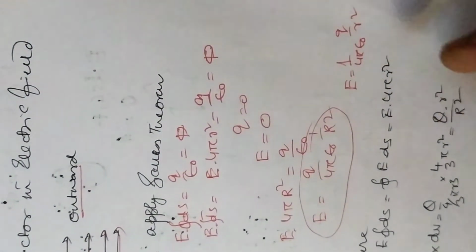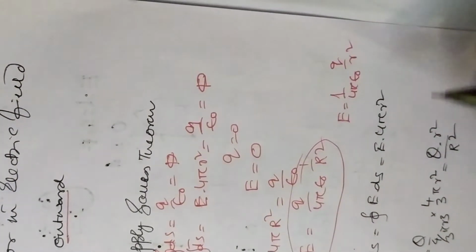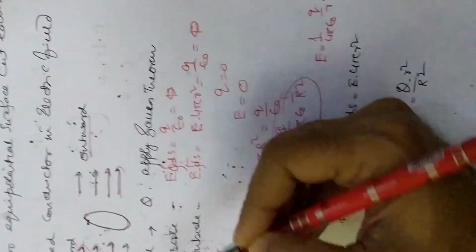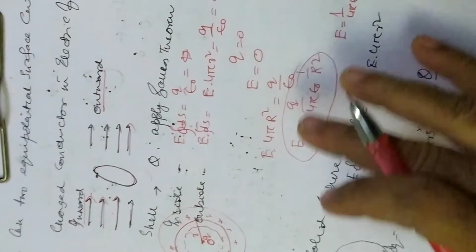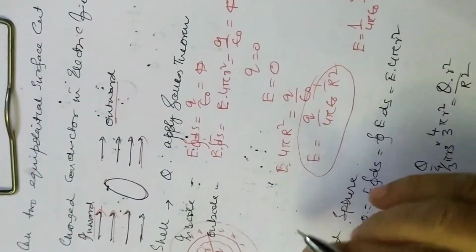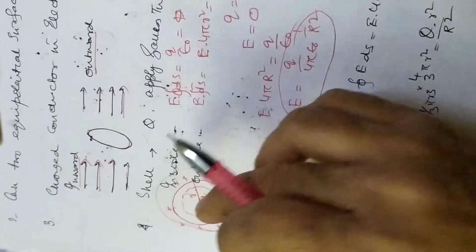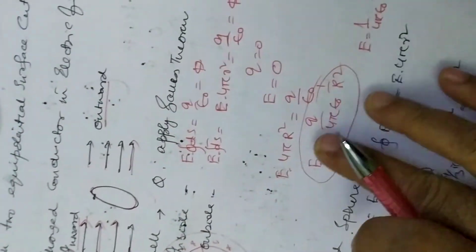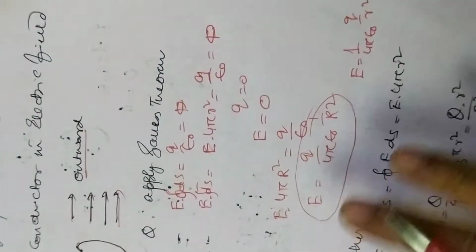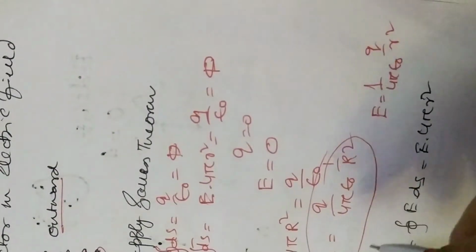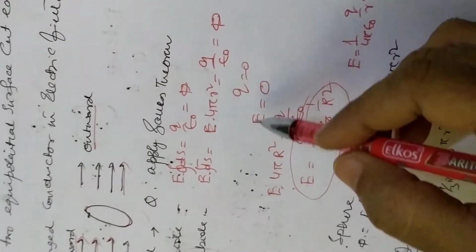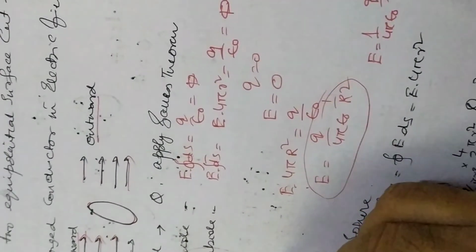This indicates that conceptually we can think of the charge as being at the center, and make all the calculations from there. It is just imagination: the charge is kept at the center, and we can calculate as usual for a point charge. So from these two, E equals Q by 4 pi epsilon 1 by R square outside and E equals 0 inside, we can draw a graph.